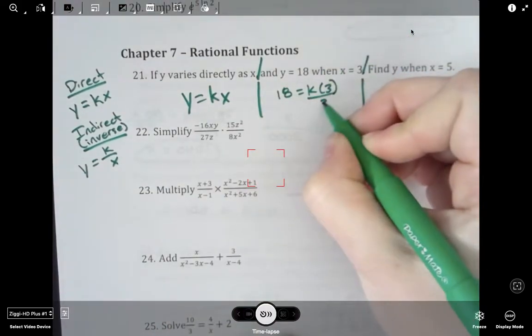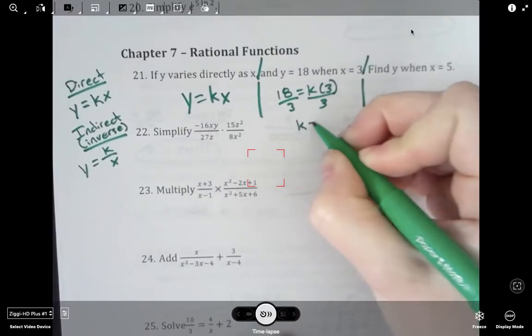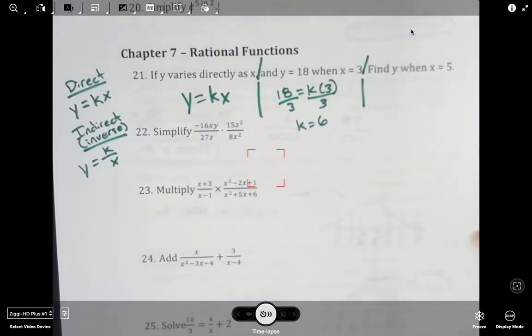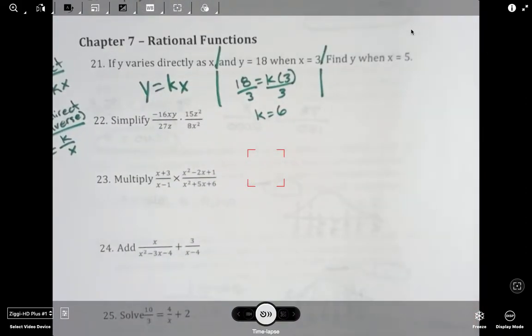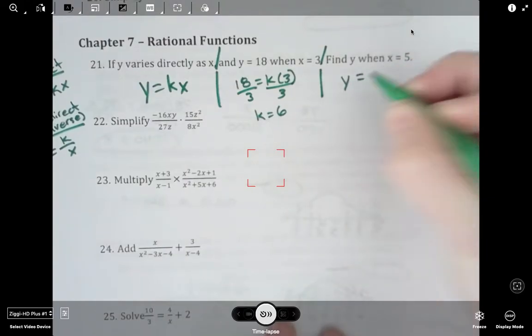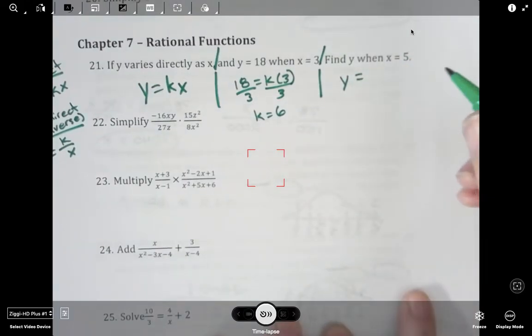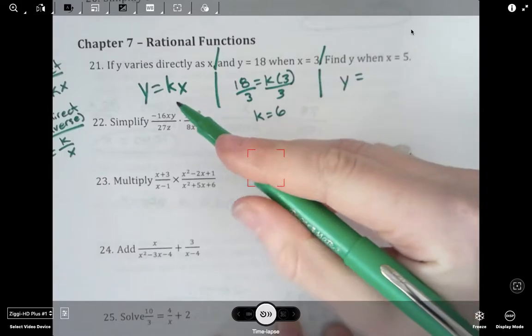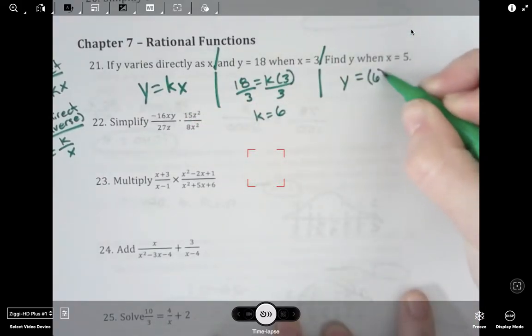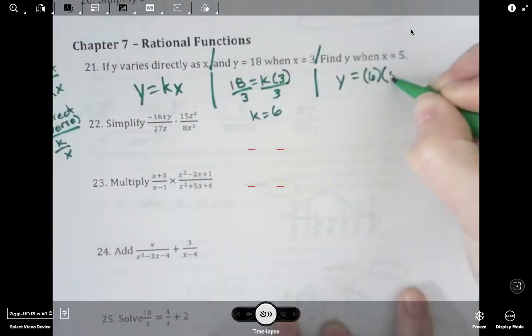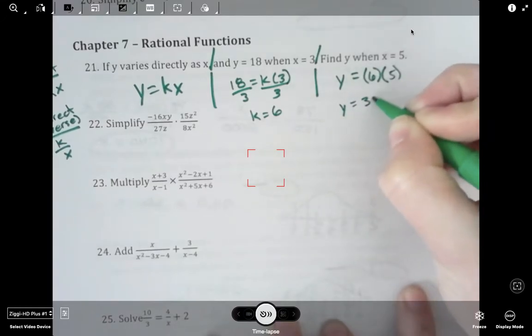If you divide by 3, K is 6. Then they want us to find Y when X is 5. Y I don't know, so I'm going to leave it as Y. We have Y equals K times X, but what's K? 6. We already found it. What's X? 5. So Y is 30. There we go.